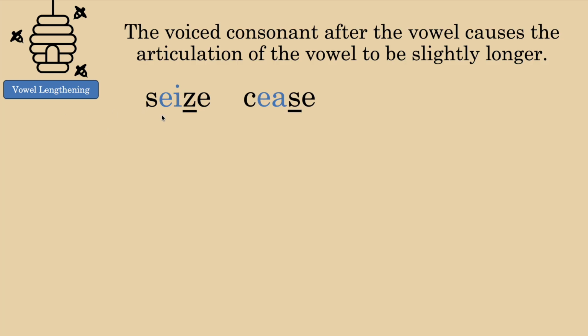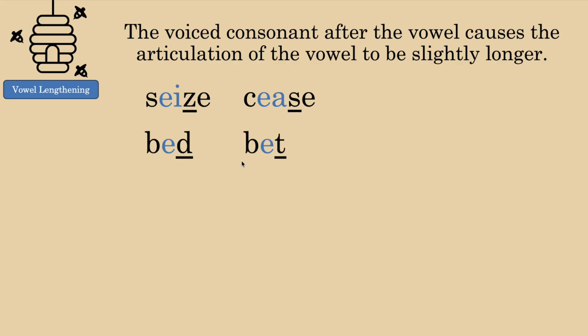Say the first one. This is a voiced Z and an unvoiced S. Sees and cease. Listen carefully to the length of time it seems that we take to make that E sound. Sees, cease. This one should feel just slightly longer. It's most apparent in short vowels.